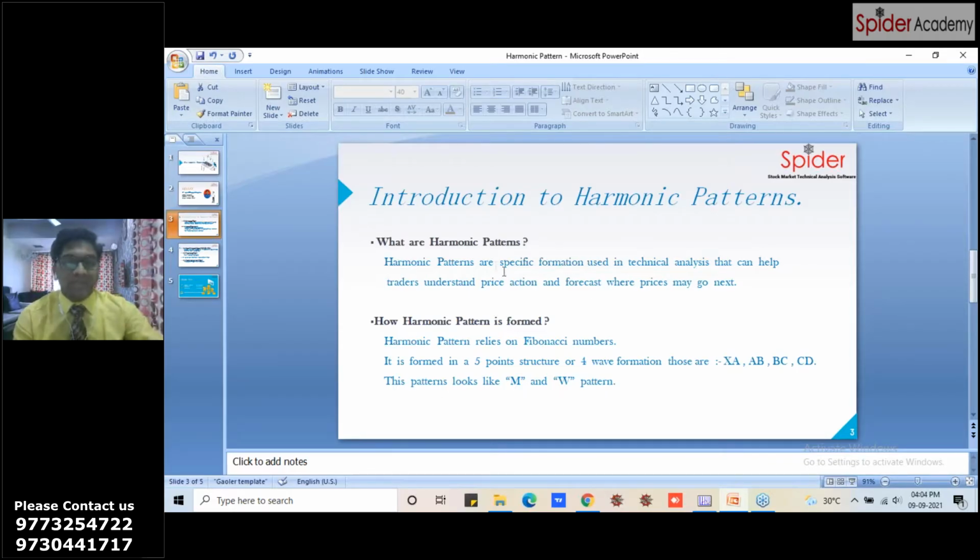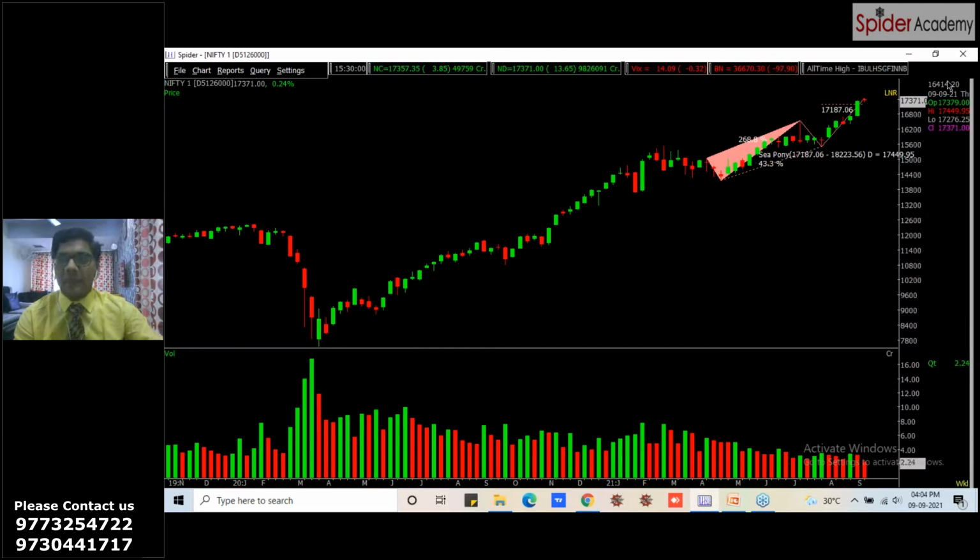If I want to show you an example for Nifty, because right now we are almost at the top, here we can see there is a harmonic pattern forming. This is a Nifty futures chart, and that too on a weekly time frame.